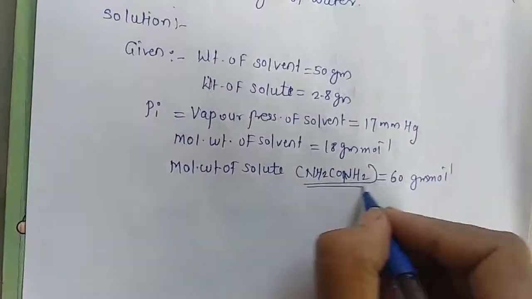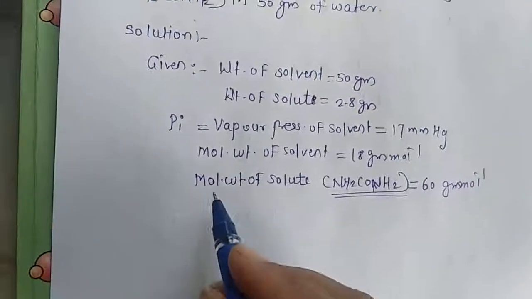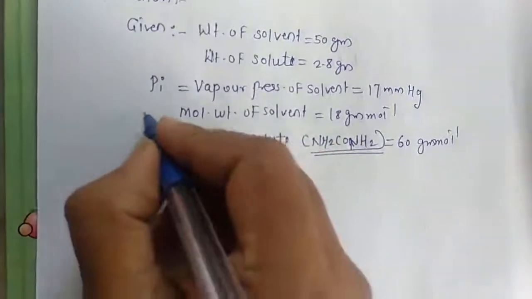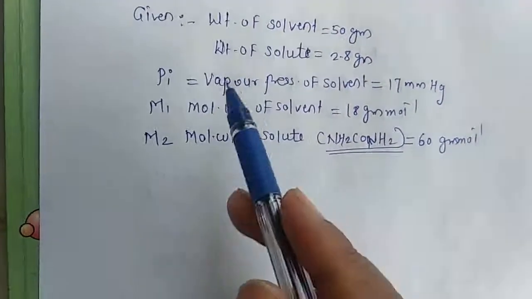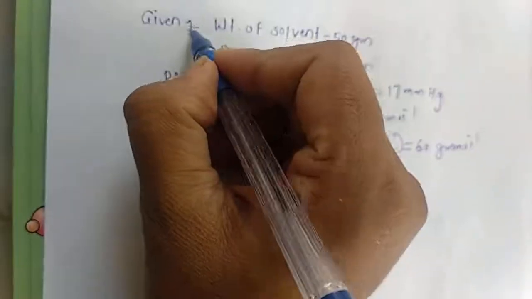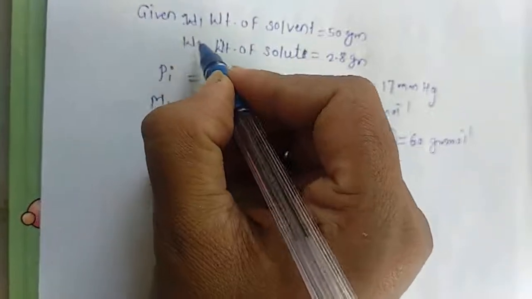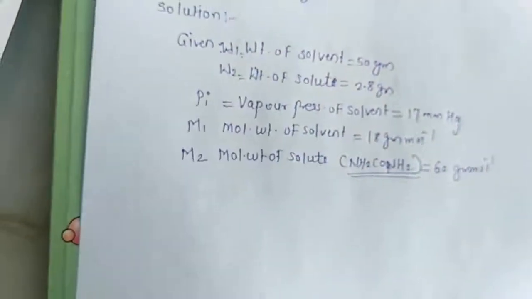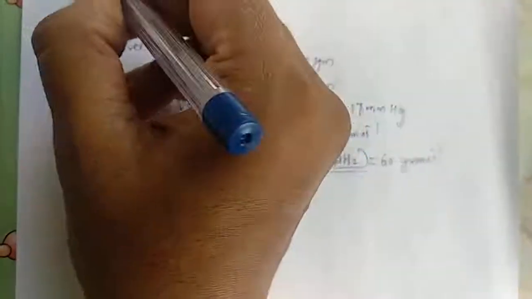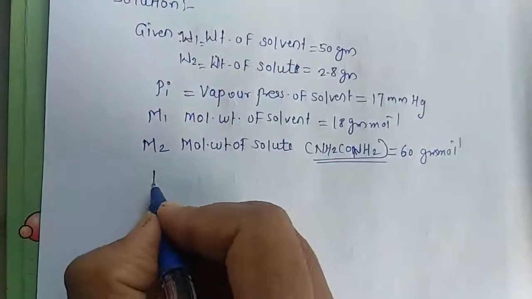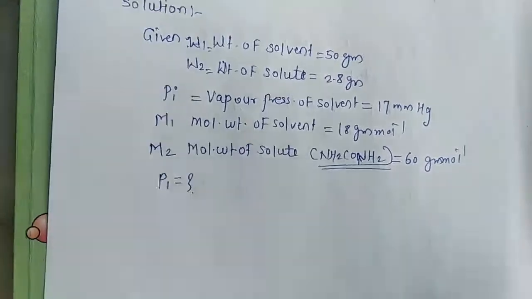The molecular weight of solvent is M1, molecular weight of solute is M2. The weight of solvent is W1, weight of solute is W2. So we have to calculate the vapor pressure of a solution, which is given as P1.